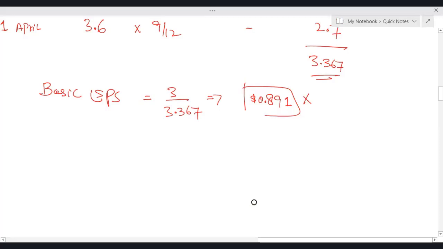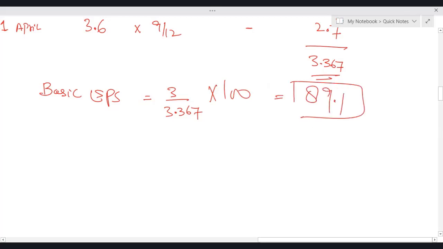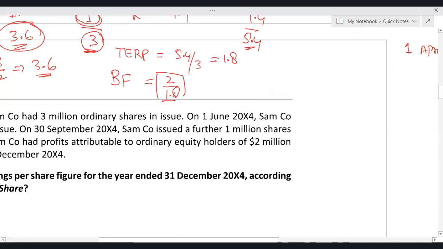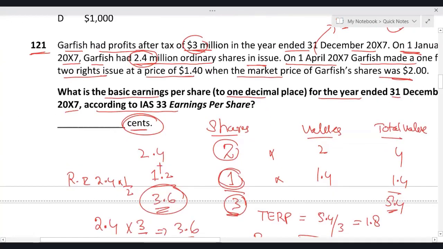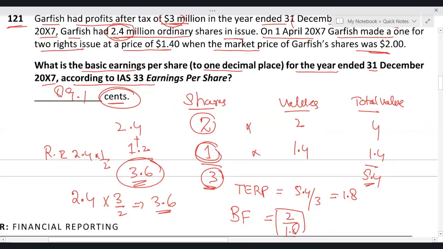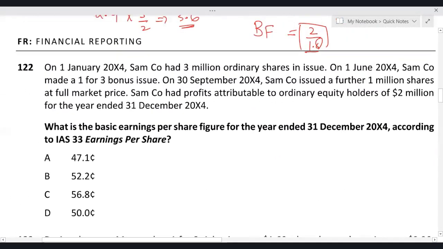In the multiple choice, it is specifically mentioned they need the answer in cents, to 1 decimal place, which means if I multiply this by 100, because of the cents, we'll get 89.1 to one decimal. So the correct answer is 89.1 cents. This is 121. Now let's go to 122.